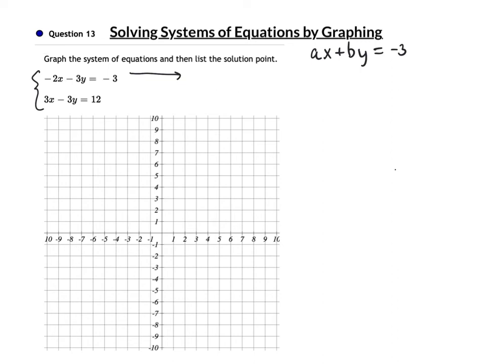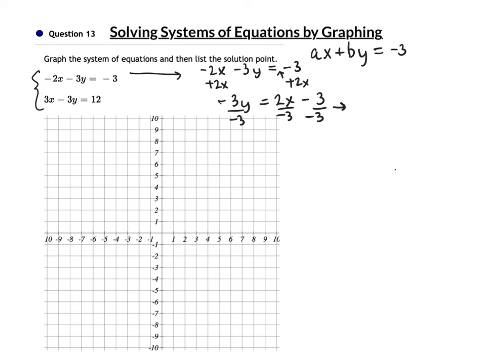So this equation, -2x minus 3y equals -3. We're going to add 2x to both sides. Reminder, we put that in front, and we get -3y equals, put the 2x in front, +2x minus 3, and we'll divide both sides, every term, by -3 to get y by itself.